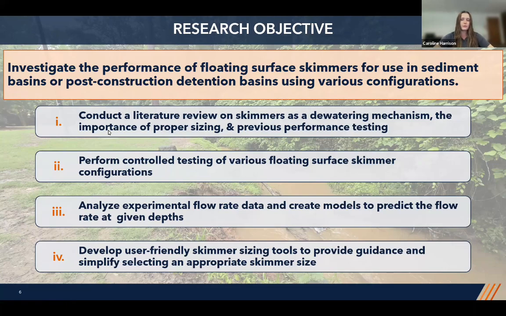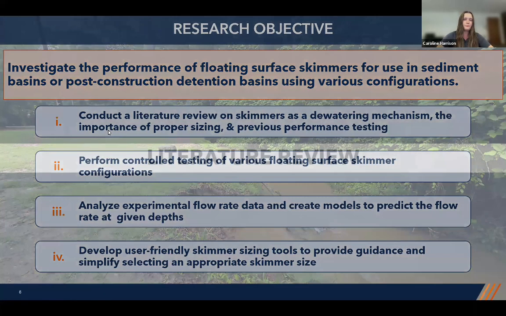Our third task was to analyze our experimentally collected flow rate data to create models to help predict flow rates at given depths. And our last task was to develop an interactive and user-friendly skimmer sizing tool to help provide guidance and facilitate simplifying the process of selecting an appropriate skimmer size for implementation.